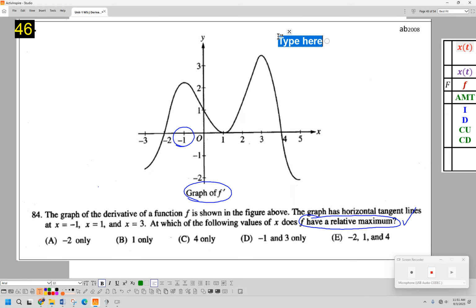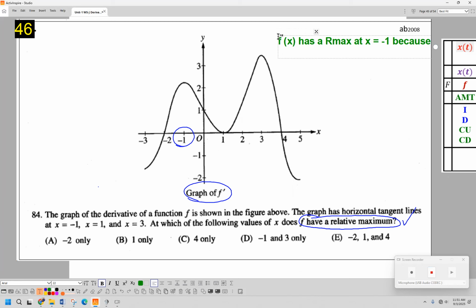So Samuel's contention is that f of x has a relative max at x equal -1. So what would be the reason, Samuel, that you would be saying that f has a relative max at that x coordinate? Because there's the peak right there.